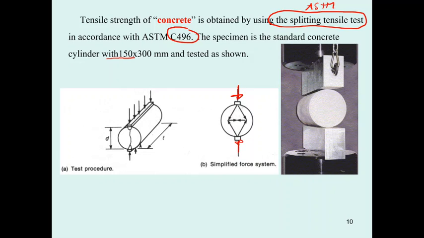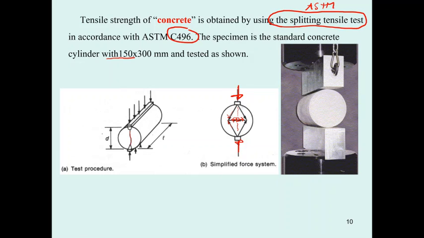The stress will transfer in this direction. And what happens is the stress is going to move in like this, and by Newton's third law, it is going to separate the cylinder into a crack like this.